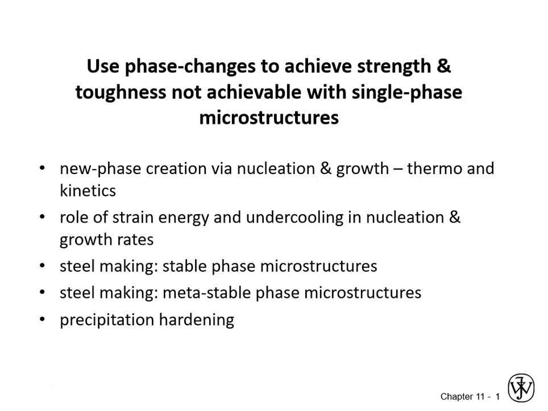We're going to step into a little bit more of the balance of thermodynamics and kinetics: what thermodynamics wants us to have versus what kinetics will allow us to have, and then how we can play those against one another to tailor microstructures for specific applications.